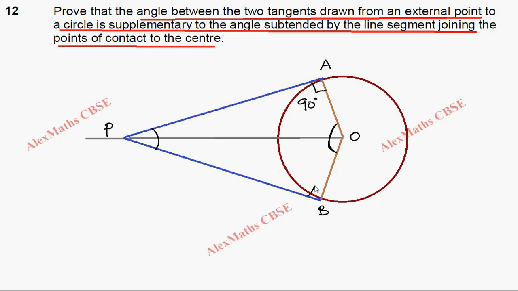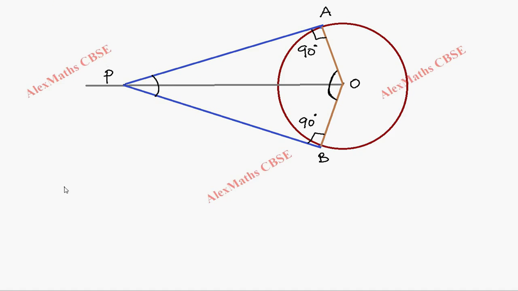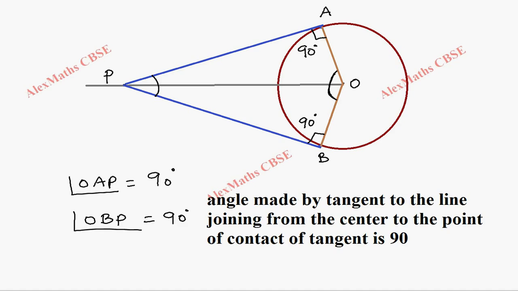In the same way, this is also a tangent, and the line joining the center, that is the radius, is also 90. So we already know angle OAP equal to 90 degrees and angle OBP equal to 90 degrees. The reason is, by theorem, the angle made by a tangent with the line joining the center to the point of contact is 90 degrees.